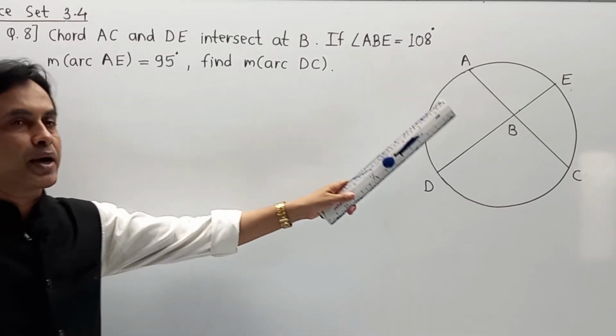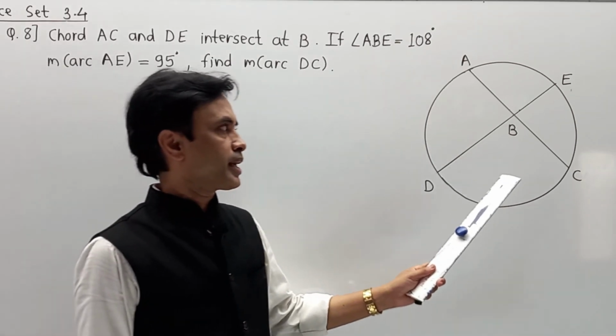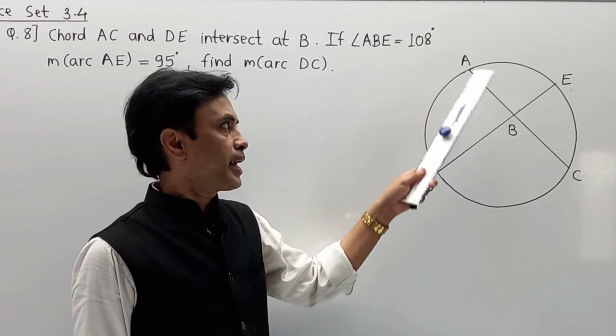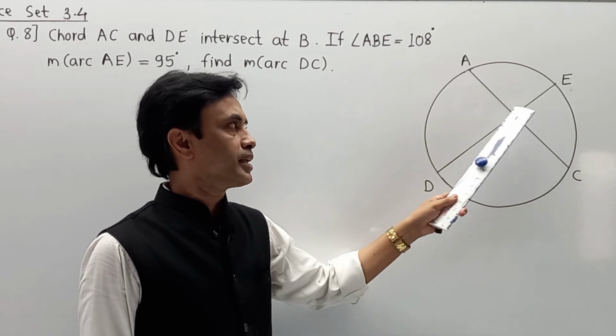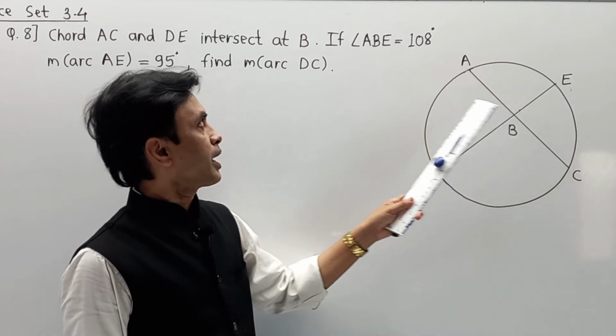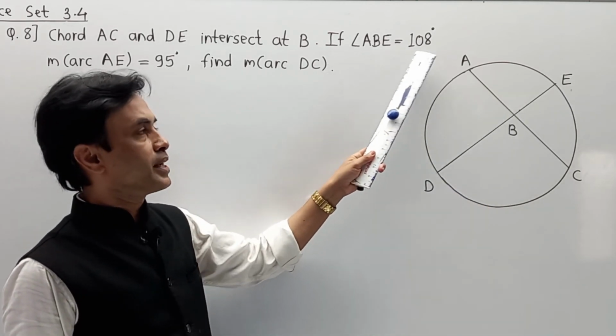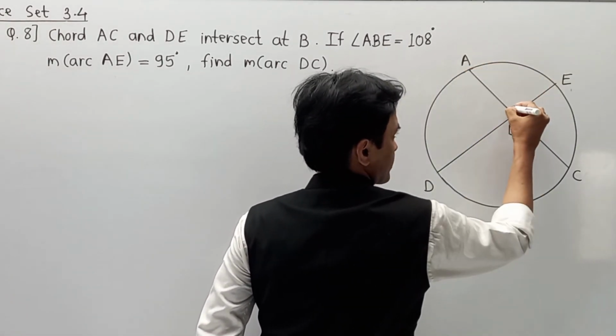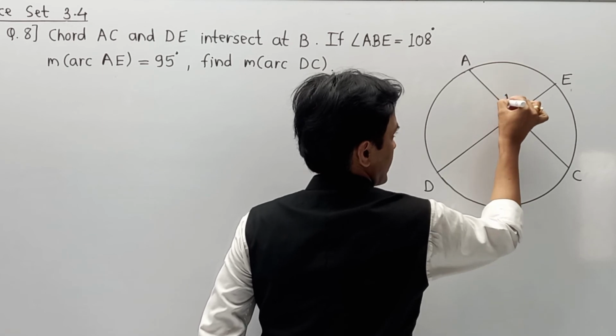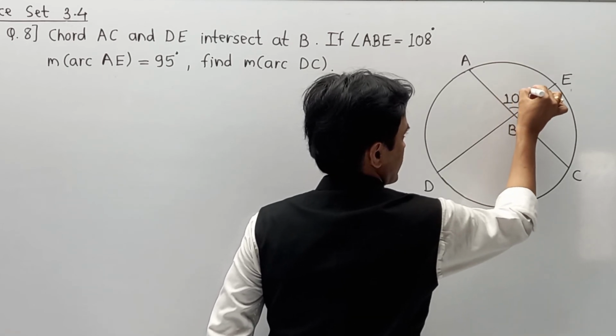Let me explain the same in terms of a diagram. There is a circle, and chord AC and chord DE intersect each other at B. Here, angle ABE is given, and its value is 108 degrees.